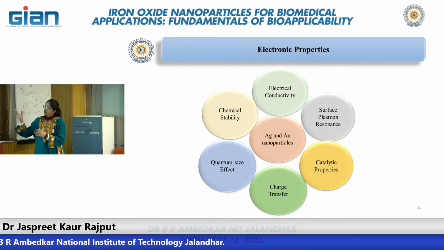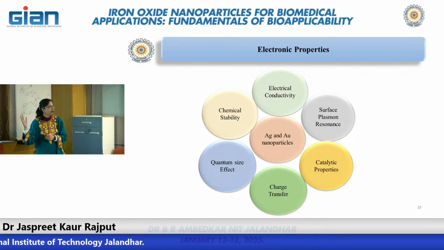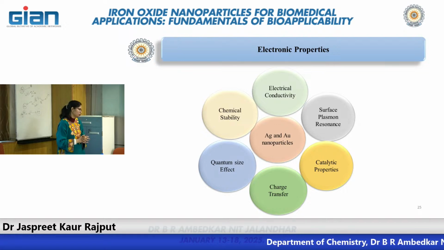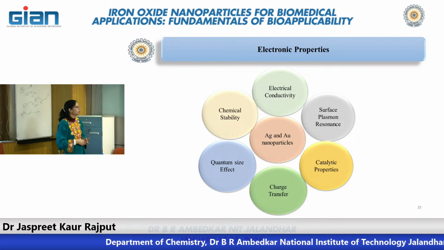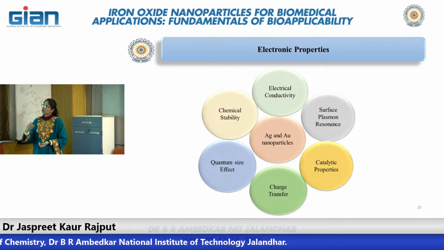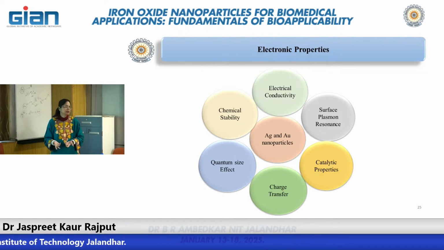And again, the surface plasmon resonance will decide the optical properties. Sometimes the optical properties can be aligned with the electrical output, and you can sense the material, and this technique is used in the biosensing of the material. I have told you that silver and gold have better chemical stability compared to other metals.